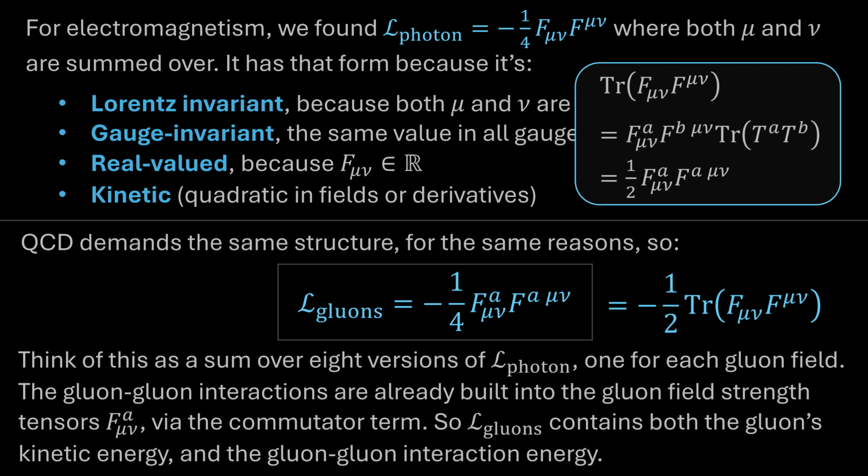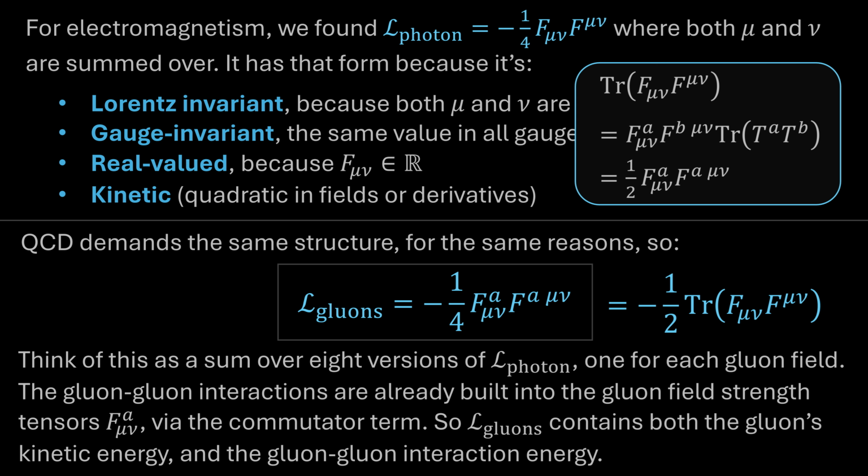And when you think that through, what that means is that all these terms are going to go away, except for the ones where A equals B, and so then that expression reduces to 1/2 F mu nu A F A mu nu. And so when you see that the trace of the matrix-valued F mu nu F mu nu is equal to 1/2 of the sum over the real-valued F mu nus, then you can see that the 2 versions of L-gluons that we've written here are actually exactly the same thing.